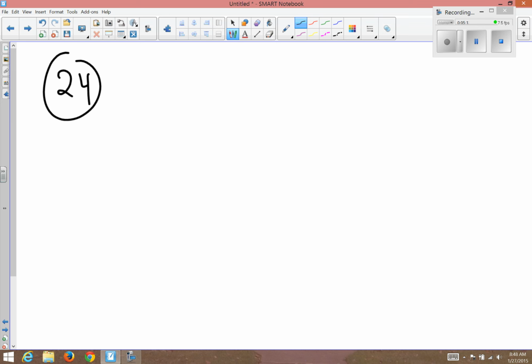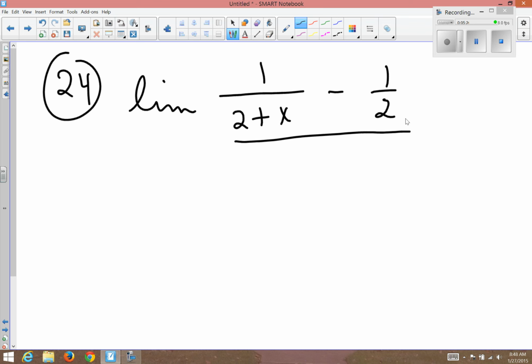24. The limit of 1 over 2 plus x, minus 1/2, all of this over x, and x is approaching 0. Noticing that when x is 0, this denominator is 0.